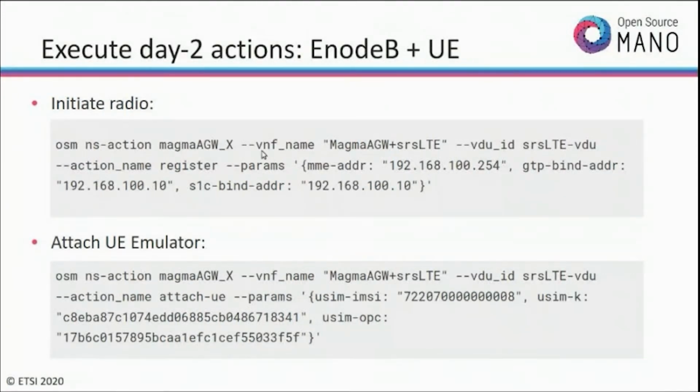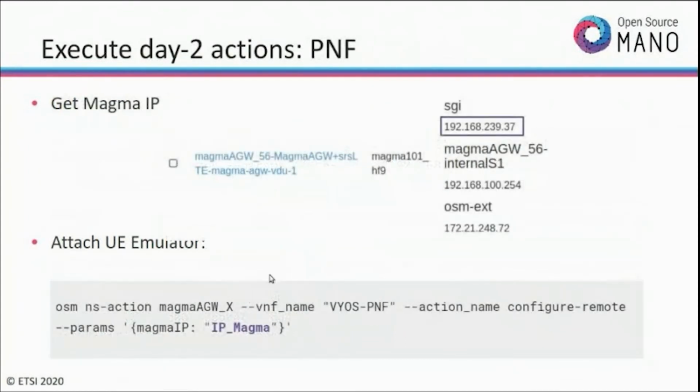So exactly the same commands as before, but after that, in OpenStack, we could see the magma EPC, and this IP over there is the internal IP of the magma.